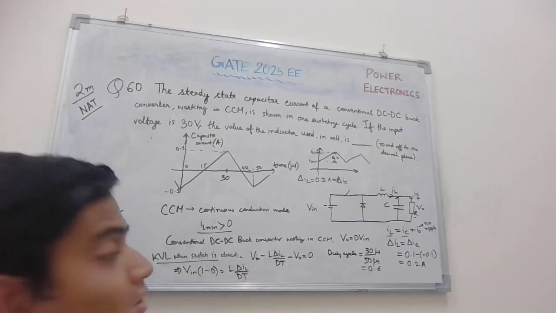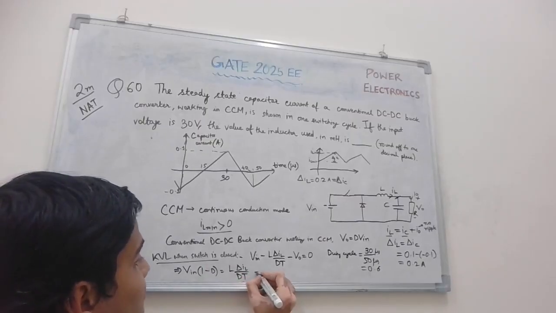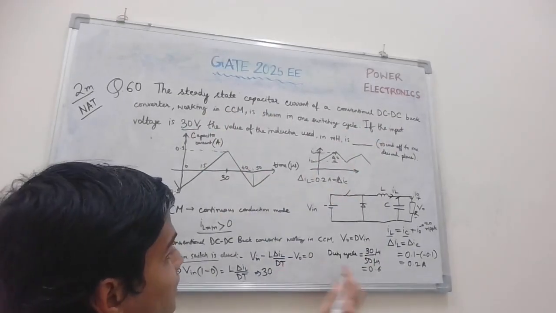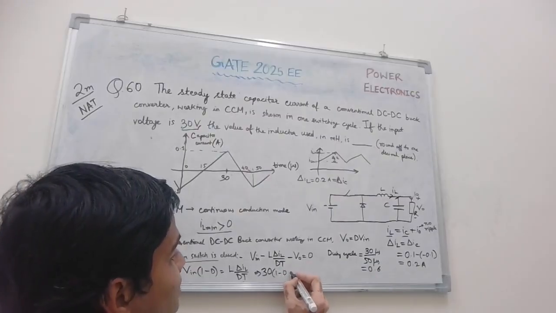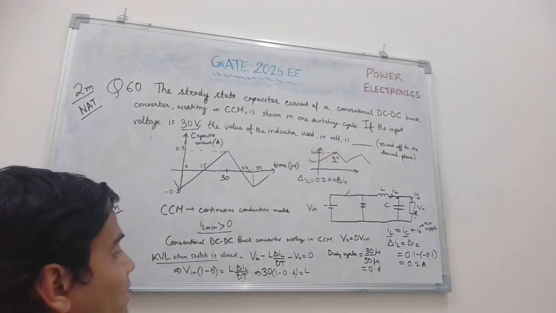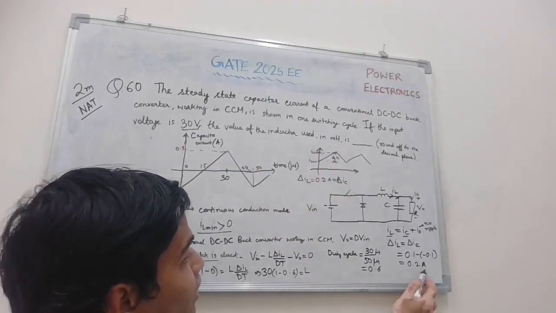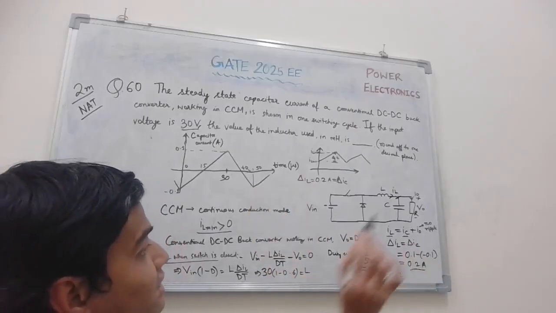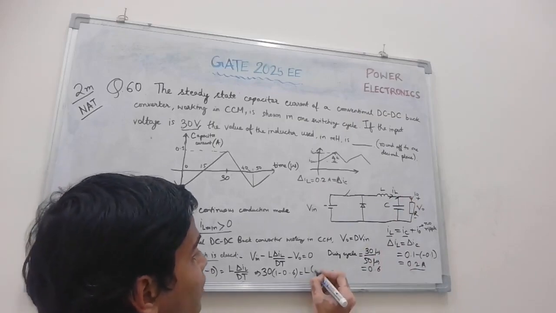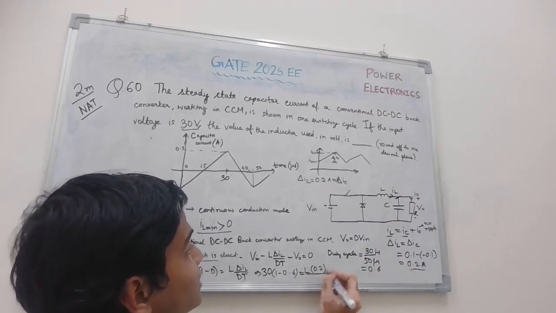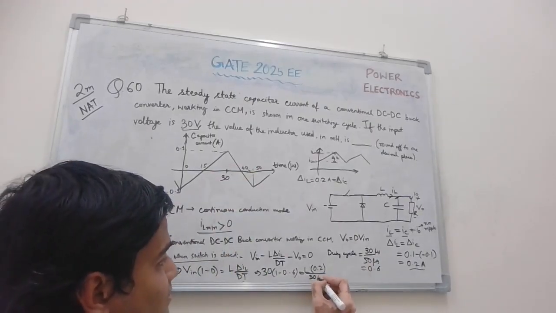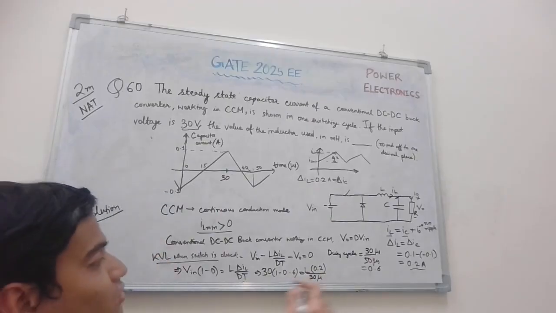Now put the values from the question: Vin is given as 30 volts, D was calculated as 0.6, so 1 minus D is 0.4. L needs to be calculated, and delta IL is the change in the inductor current, which is read from the waveform. I need the time for the flow, dt, 30 microseconds.